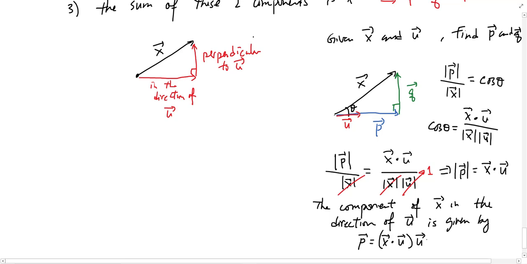And x dot u is the length of vector p, and when I multiply vector u by the length of vector p, it becomes vector p, because they have the same direction and now have the right length.